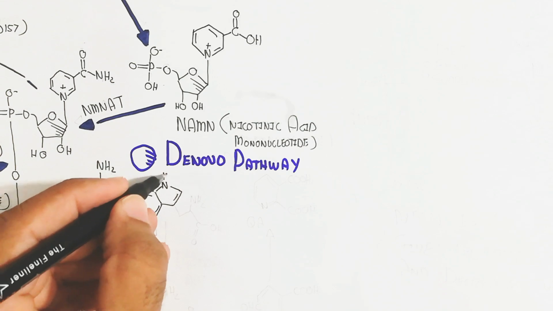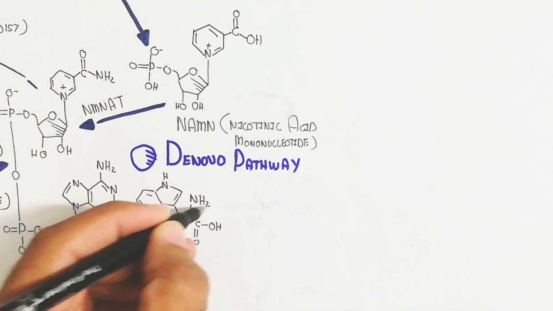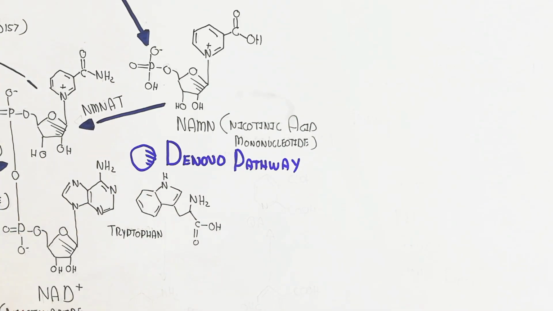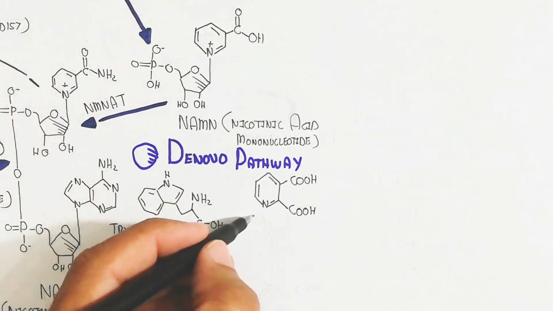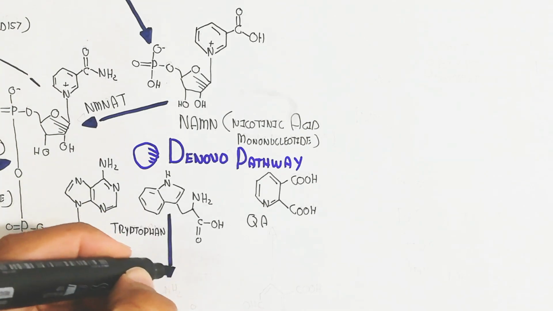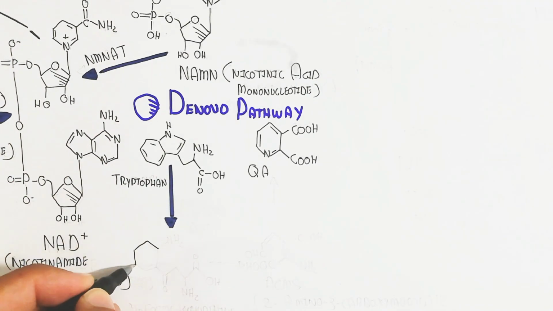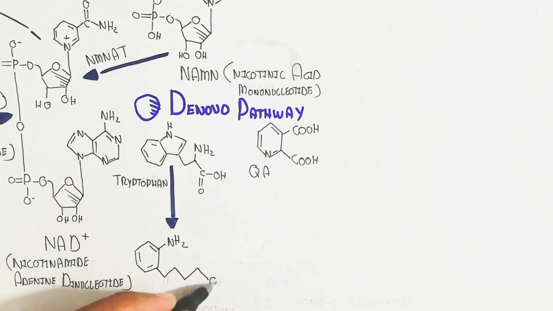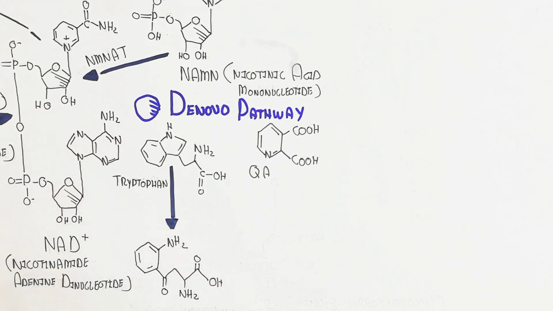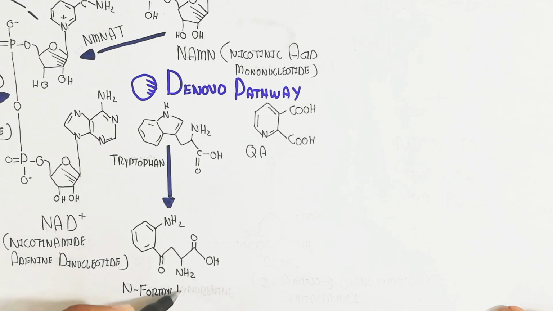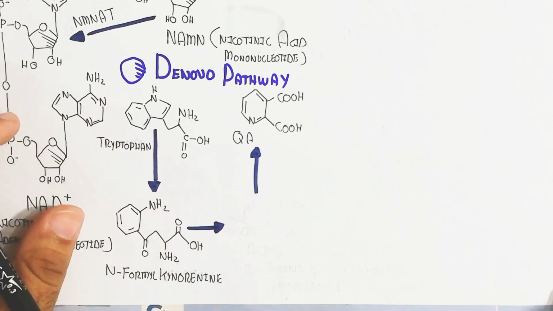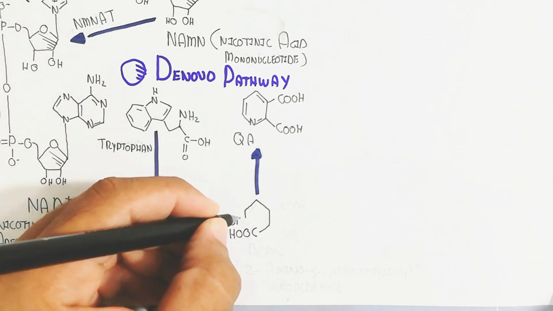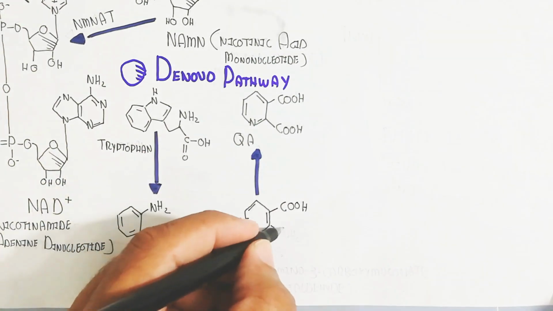While here is the de novo pathway. In this way, tryptophan is converted into N-formylkynurenine, then converted into ACMS, the 2-amino 3-carboxymuconate semialdehyde.